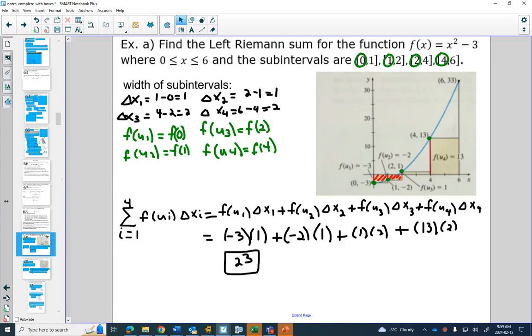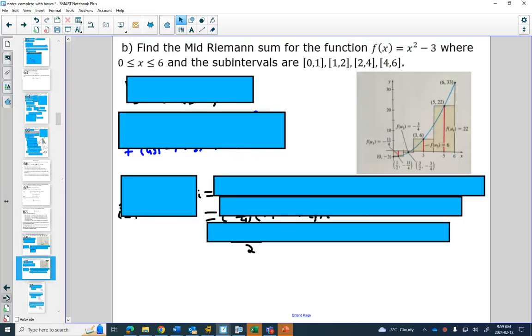Our next example uses midpoints. So we have the same intervals, but now your y value is always found by plugging in the middle point.